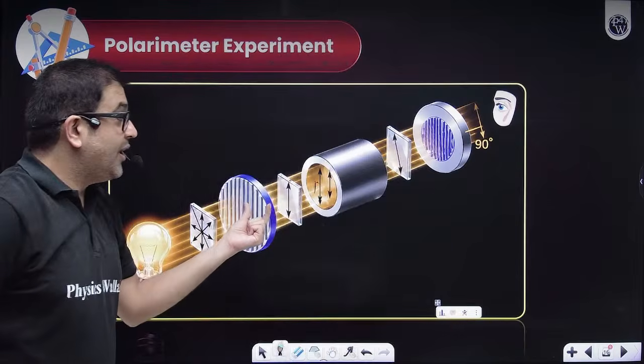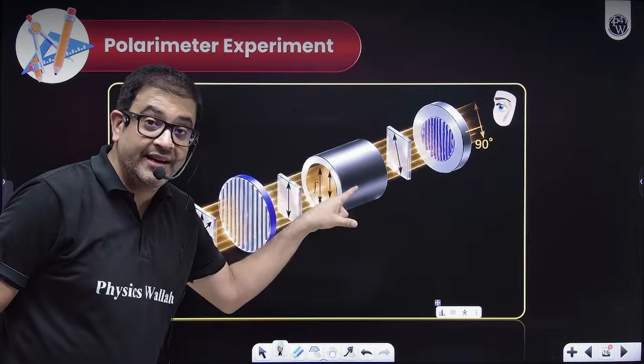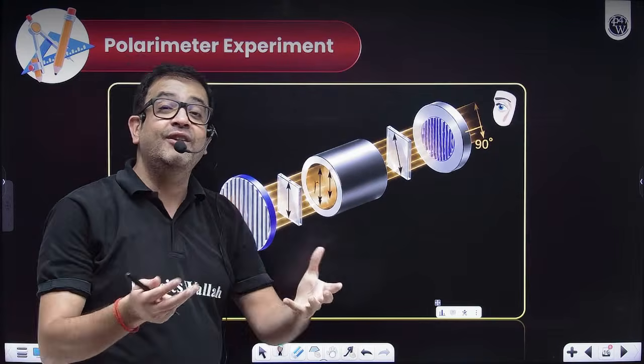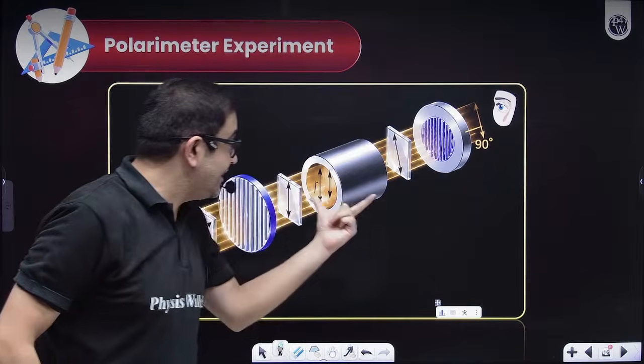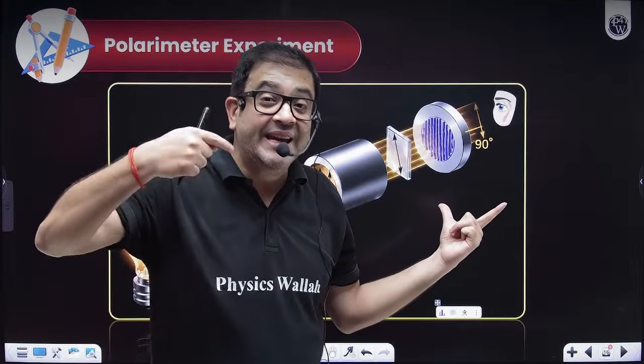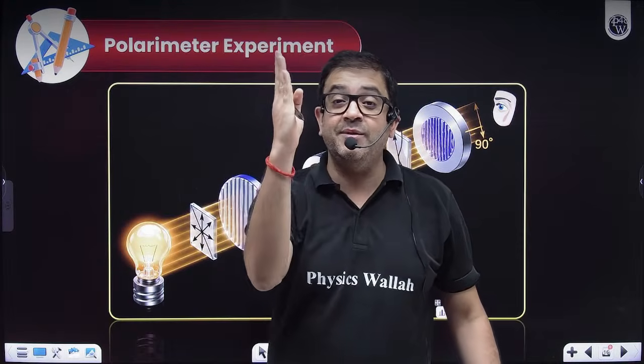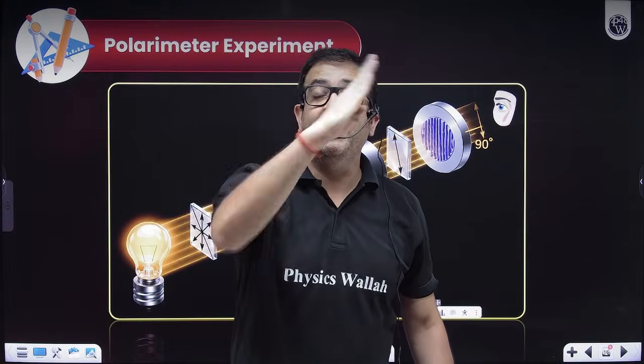If that polarized light is passed through a solution, the cylinder being filled with a solution, and if this solution contains an organic compound which has the capability to rotate the plane of the polarized light. Sir, why are you interested in the plane?